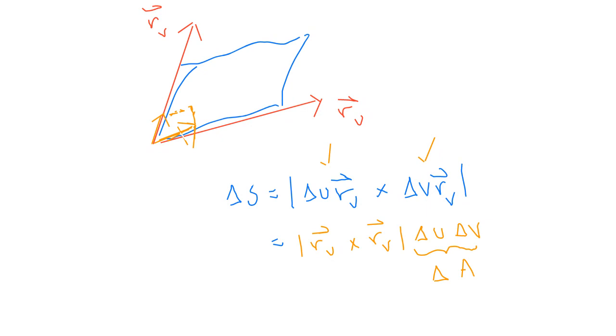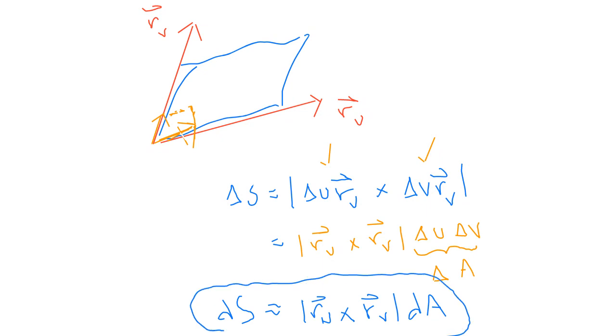So that means then that dS is approximately equal to the cross product of r sub u and r sub v dA. Okay, are there any questions on that?